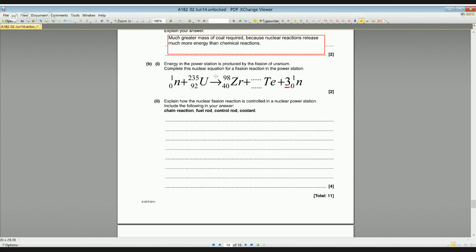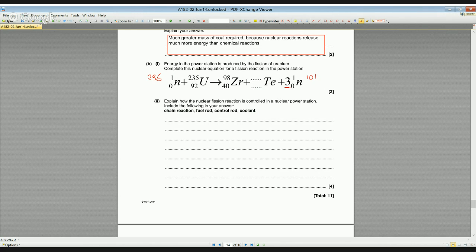On either side of our arrow, the mass number and the proton number need to add up. So, for example, here on this side of the arrow, we have 1 plus 235. So we have 236 as our combined mass number. And on the other side, we have 98 plus 3, so that's 101.